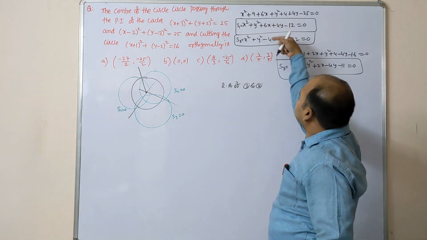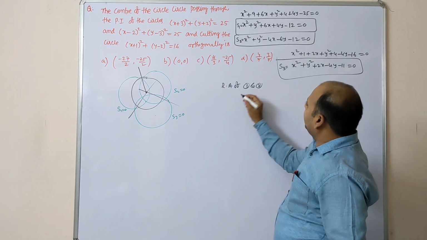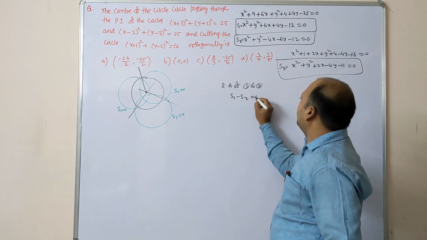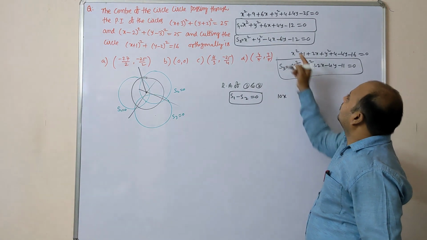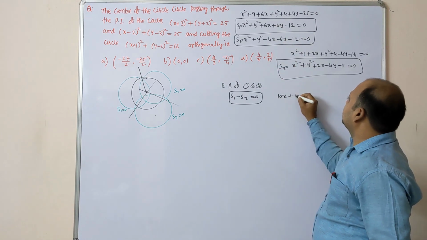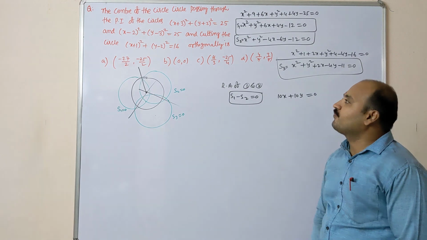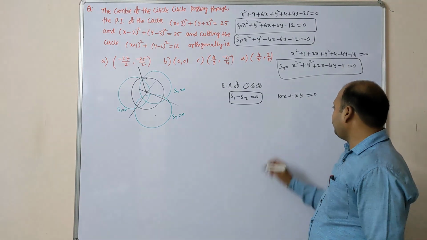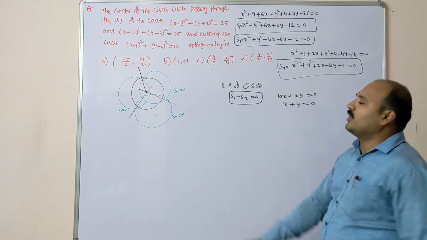Directly I am subtracting: 6x minus 4x, these two will be cancelled anyway. S1 minus S2 equal to 0. 6x minus 4x means 10x, 4y minus of minus means plus 10y, equal to 0. So x plus y equal to 0, dear students.